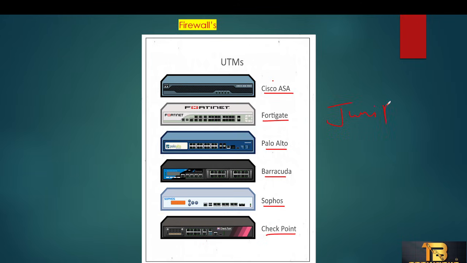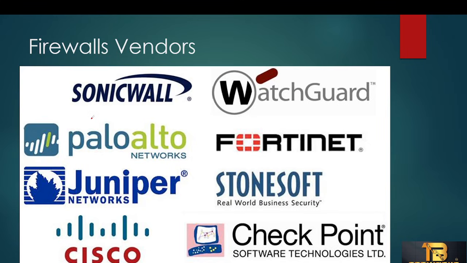You can also see SonicWall. All these are firewall vendors: SonicWall, WatchGuard, Fortinet, Palo Alto, Juniper SRX, Cisco, Checkpoint, Stonesoft. These are all firewall vendors providing security to your network.